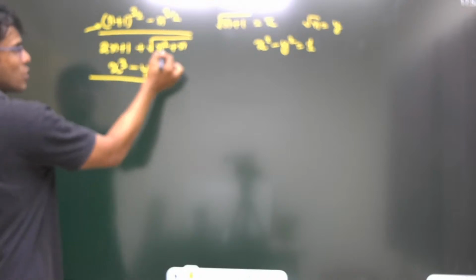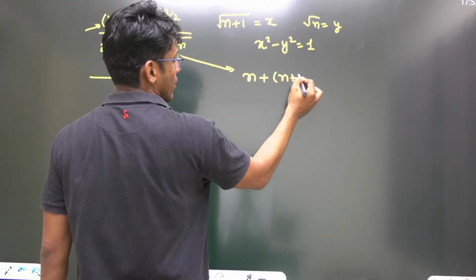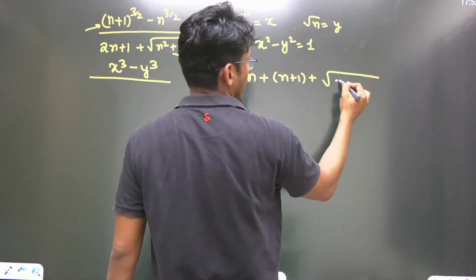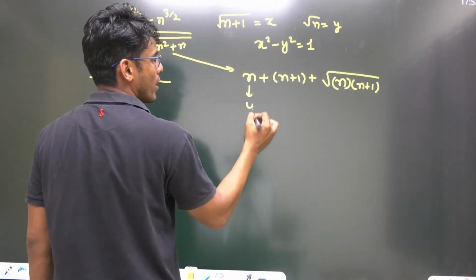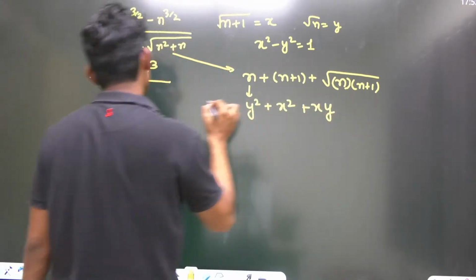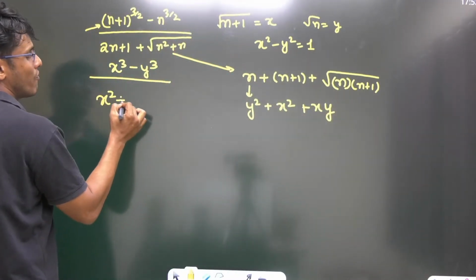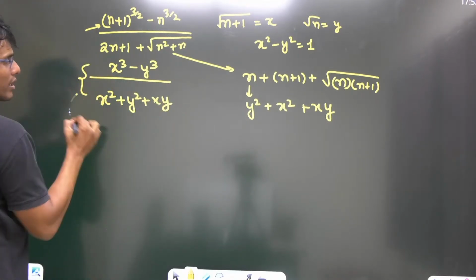Now, let's talk about the denominator. Denominator is n plus 1 plus under root of n times n plus 1. So this is y square, this is x square, and this is xy. Once you write it like this, it becomes very, very easy because now this is a factorization.